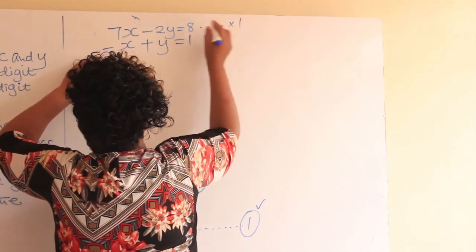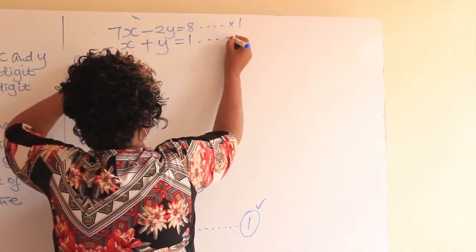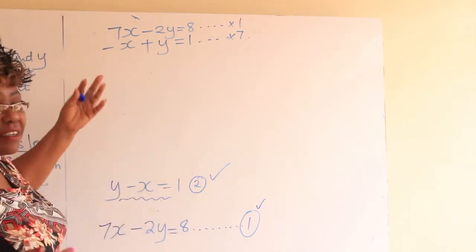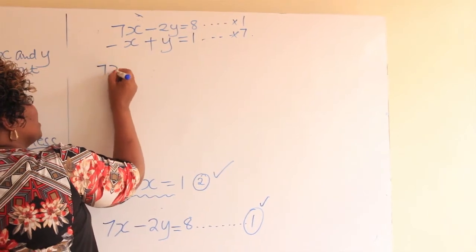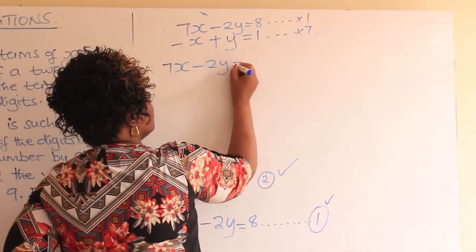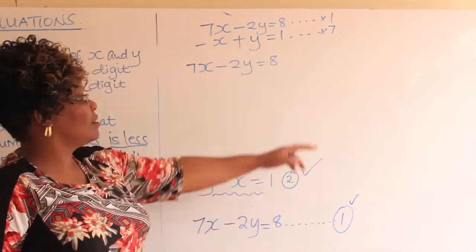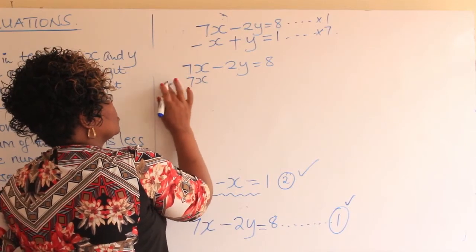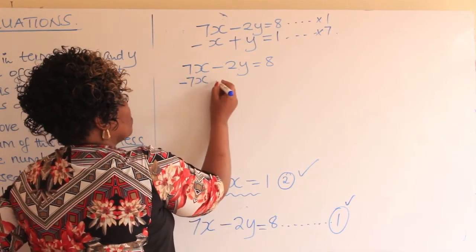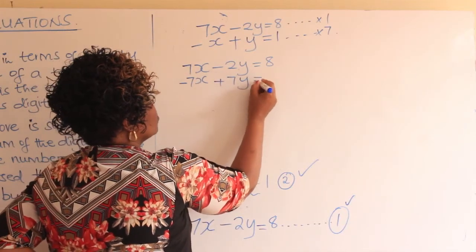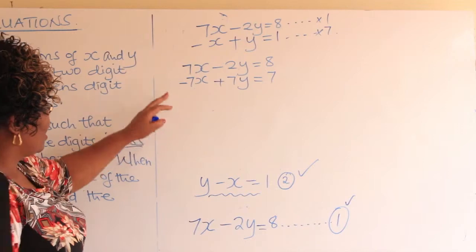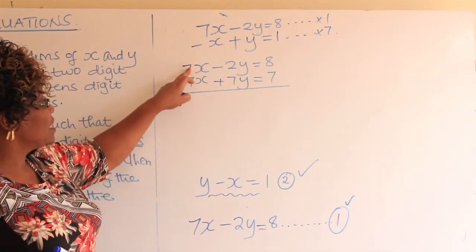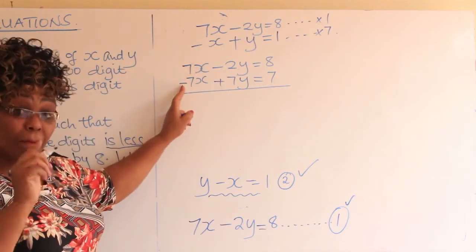Solve these simultaneously, maybe by the elimination method. Multiply by 1 here, multiply by 7 here. We want to eliminate x, so this will be 7x minus 2y is equal to 8. The second one, multiply everywhere by 7, so you get minus 7x plus 7y is equal to 7. Then, to eliminate the x's, here we have 7x and here we have minus 7x.